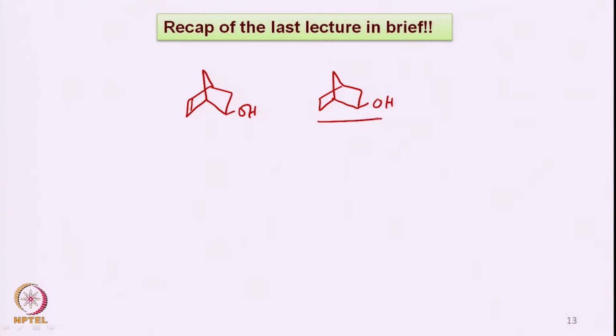So, this particular alcohol reacts slower than this alcohol, obviously because there is a competition for the alcohol to get adsorbed on the surface of the reagent with the double bond, which also tries to act as a kind of nucleophile for the surface of the Fetizon's reagent. So, there is a competition between the double bond and the OH, and therefore this alcohol reacts slower than this alcohol which is devoid of such a double bond.